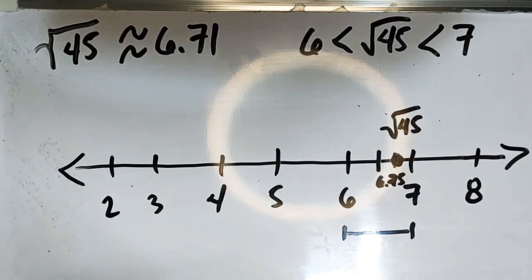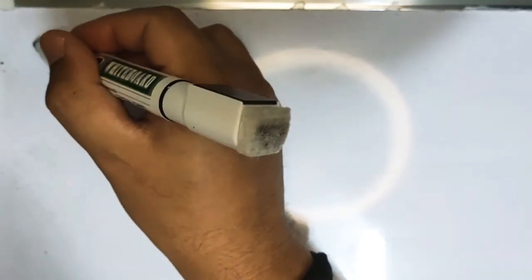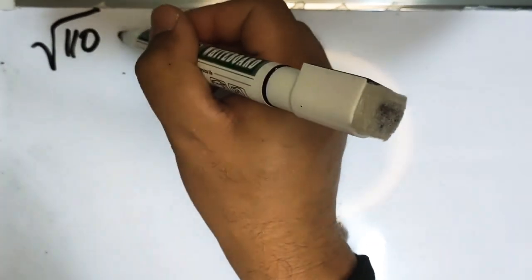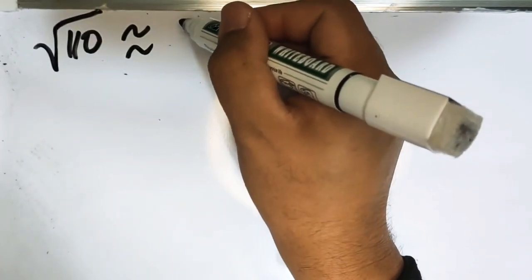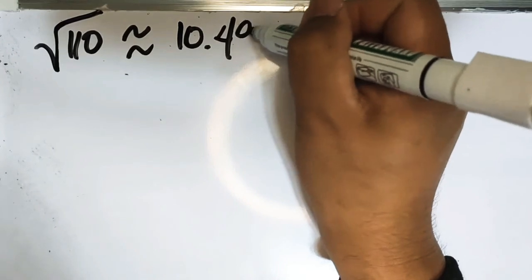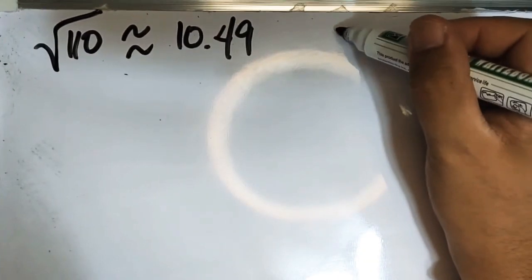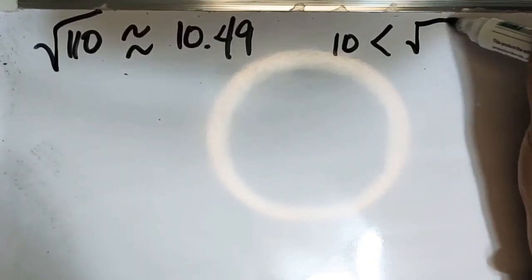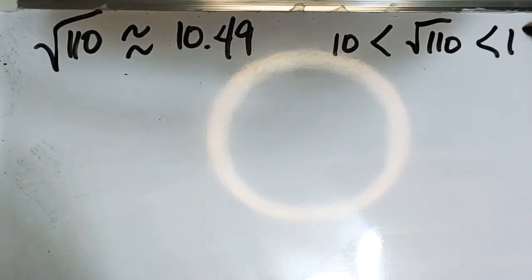Okay? So, ganun lang ang pag-locate. And last one, yung ating square root of 110. Yan ay approximately 10.49. So, yan ay nasa pagitan ng 10 and 11.